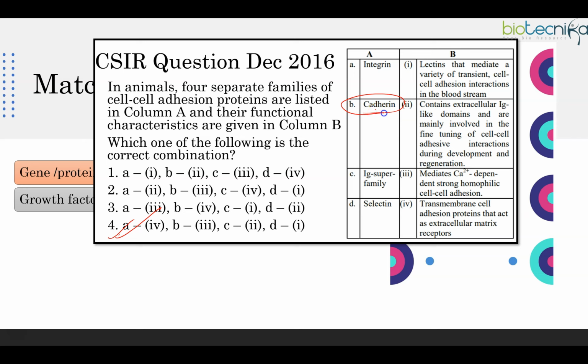We know that cadherins are calcium dependent, so B will be 3. However, you have B3 here, or here also it will be 3. But we know that selectin has lectin in the word itself, so D has to be 1. Again D has 1 over here. Now it comes to the immunoglobulin superfamily. Obviously, if this is immunoglobulin, they should have immunoglobulin-like domains. So C will be 2. That's why the option will be 4 over here.